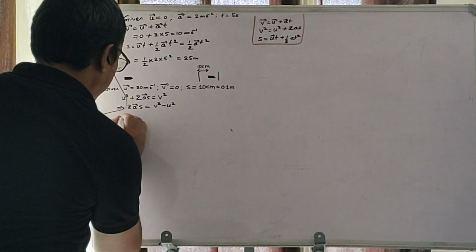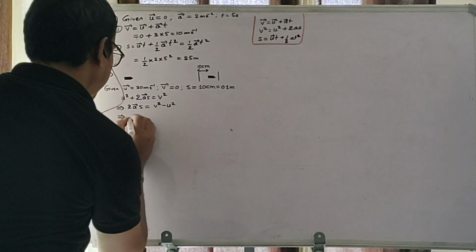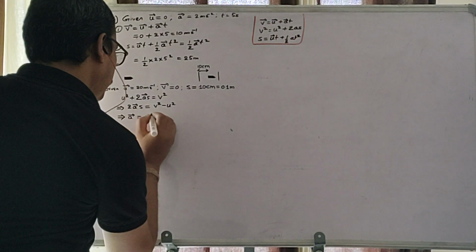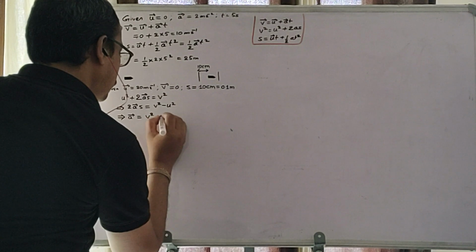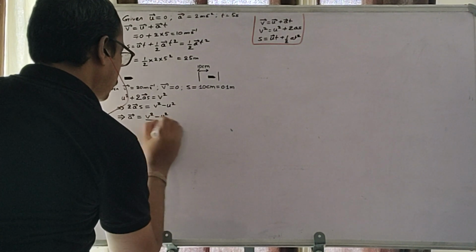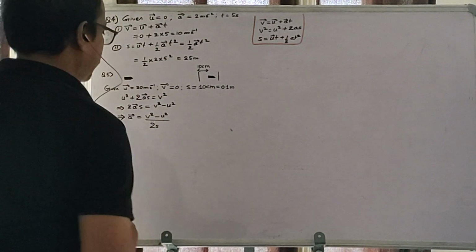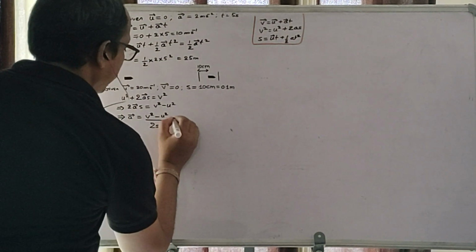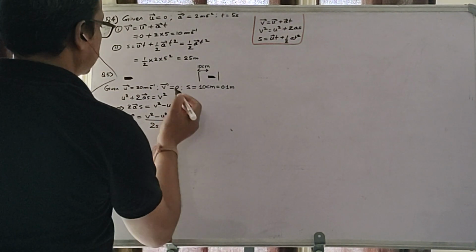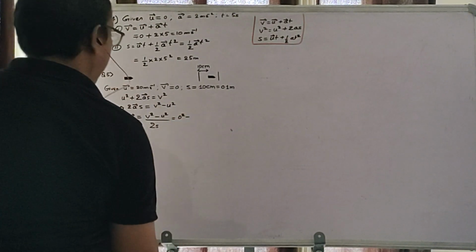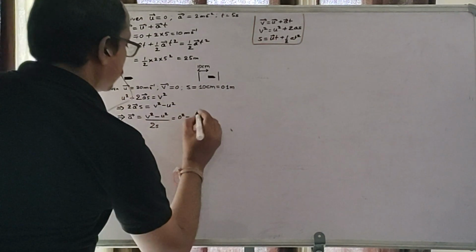So what is the acceleration we are getting out of it? We are getting acceleration as v square minus u square upon twice of s, right? Do we have the value of v? Yes, it is 0, so 0 square. And the value of u is 20, so it is 20 square.